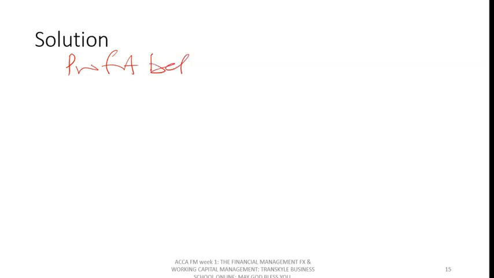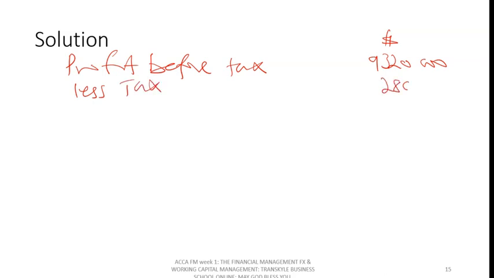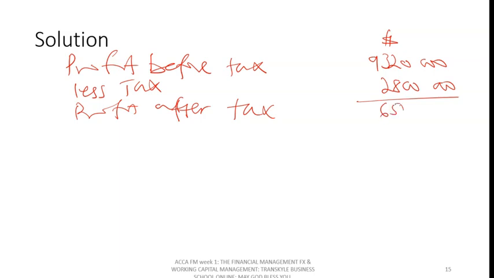The profit before tax was 9320, and the tax was 2800, and we get our profit after tax. The profit after tax was 6520.